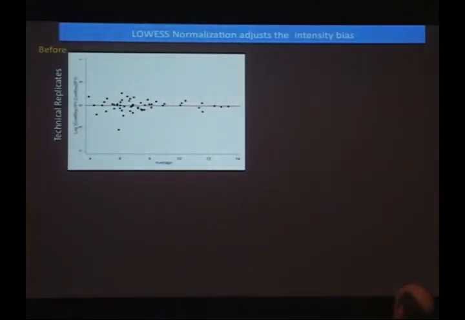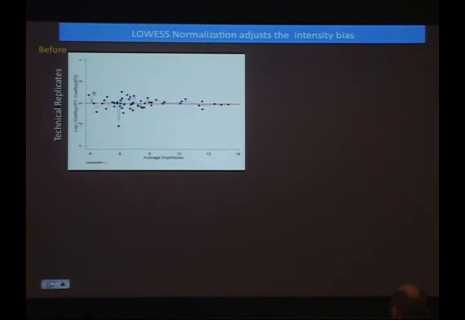The lowest normalization is another way of normalizing the data, because the geometric mean is mostly one size fits all, scaling all the values by some number. The lowest normalization is an intensity-based normalization.